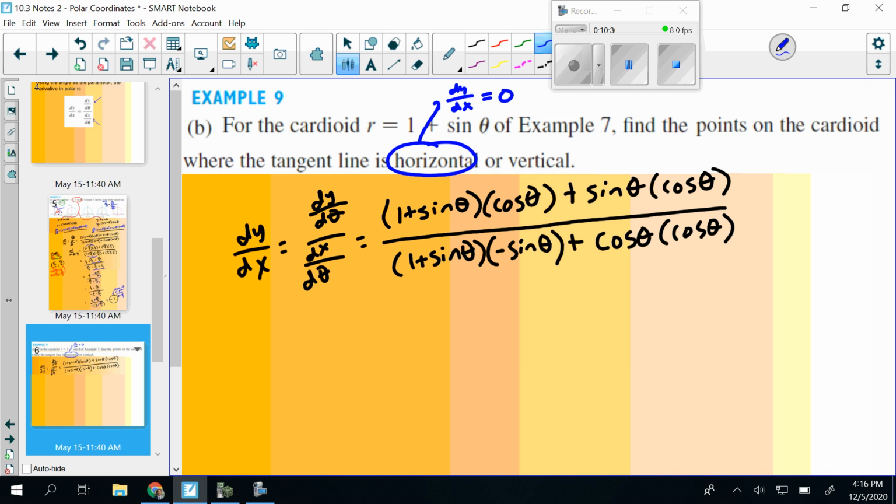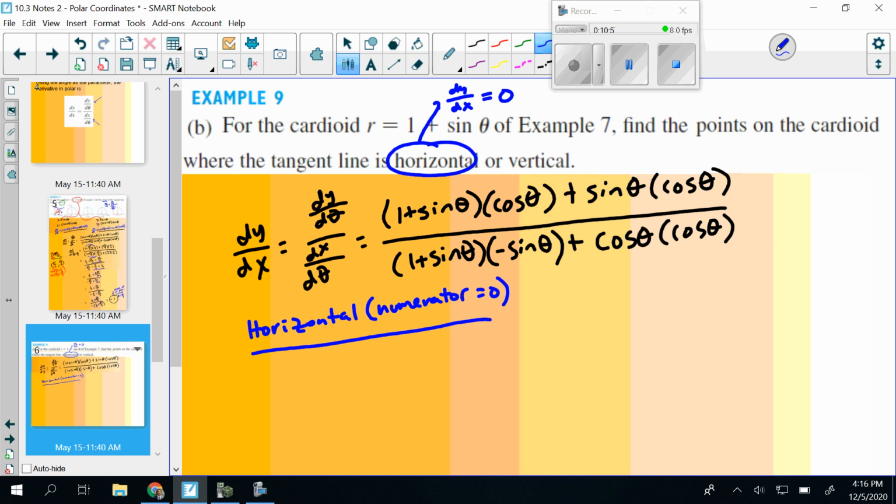So what that means here is if we want to find where it's horizontal, that's where the slope that we just found right here, that's where the numerator would be equal to 0.